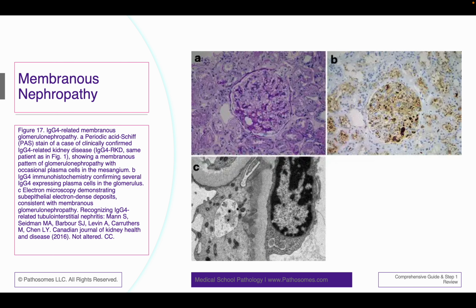That's why in the glomerulus it has this dark brown coloration. Plasma cells. And C, showing the electron microscopy that demonstrates those classical subepithelial electron dense deposits consistent with membranous glomerulopathy.